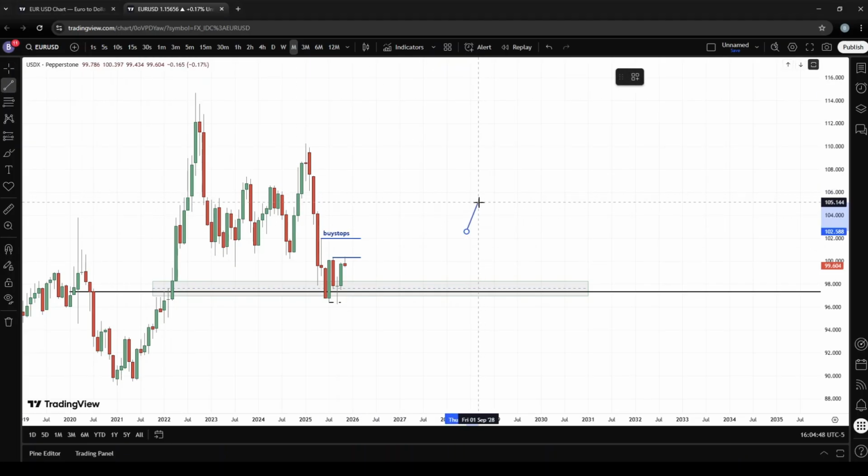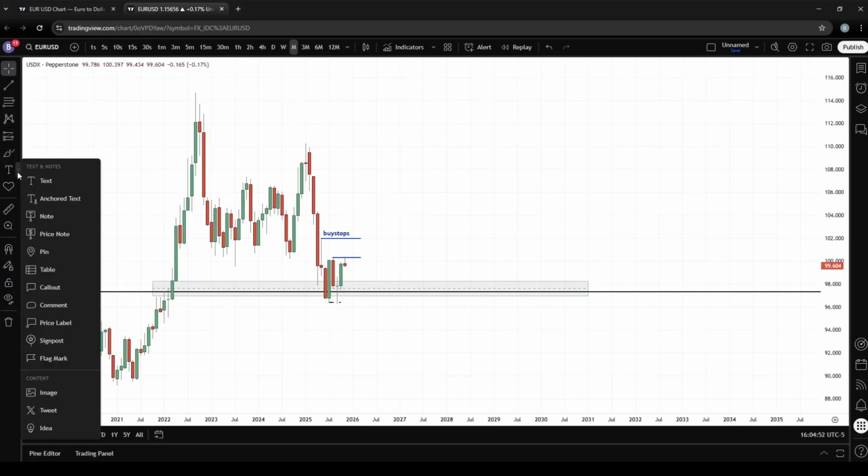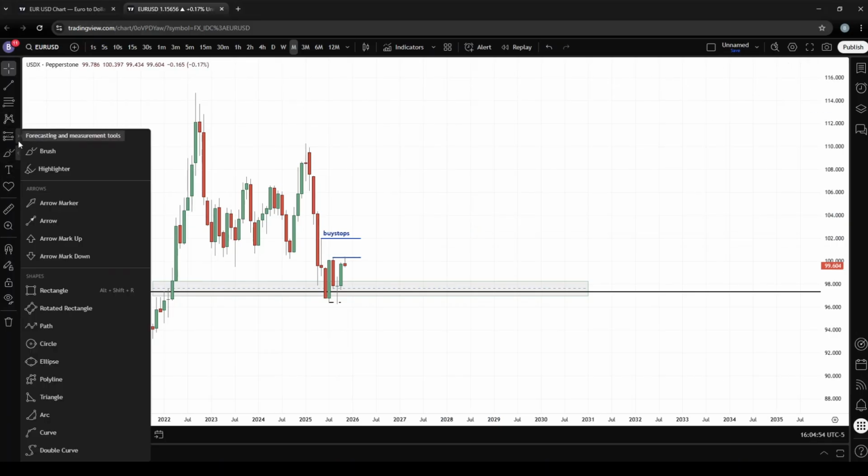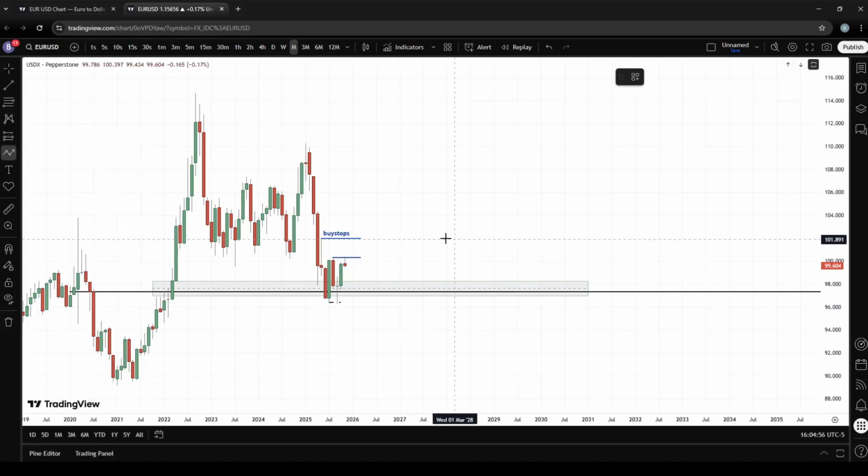The power of three: accumulate, manipulate, sets you off to go low, then distribute.